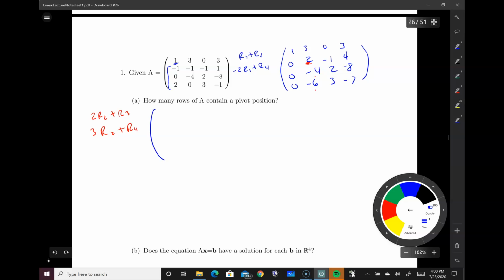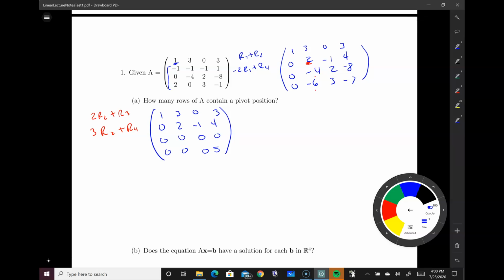All right, so the first row and the second row stay the same. 0, 3. Okay, so this next row turns into all zeros, and then the very last row, row 4, turns into this.